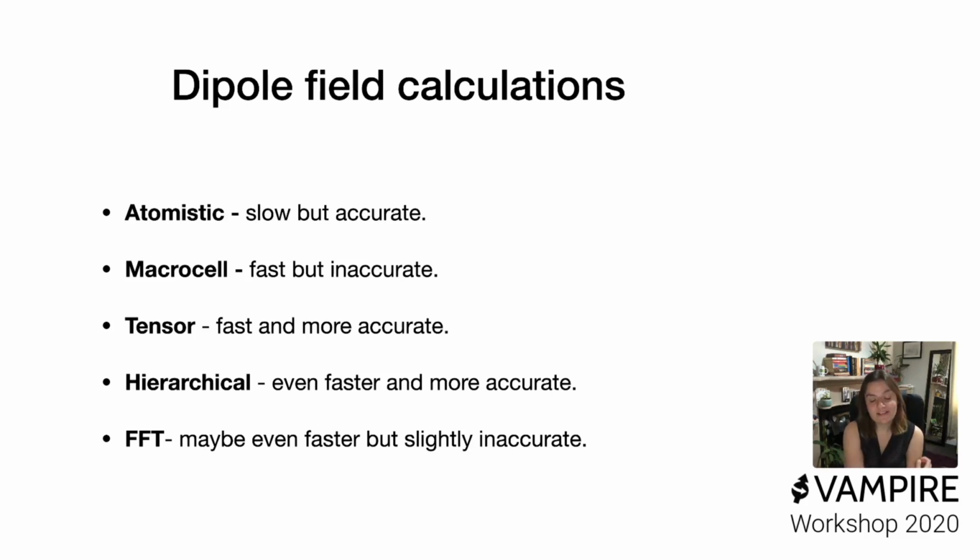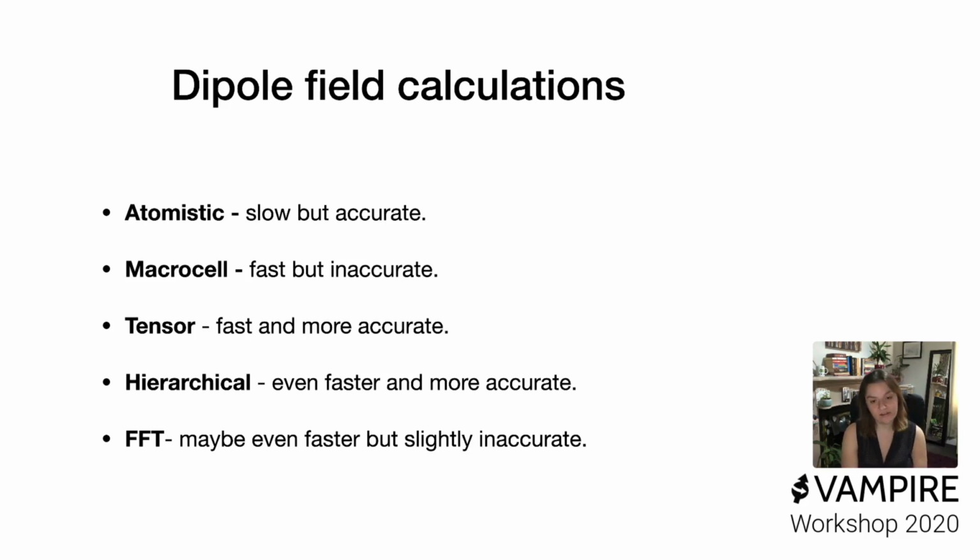The next is the macrocell approach, which is quite a lot like the micromagnetic approach. This is much faster, but a lot less accurate. The next is a tensor approach, which is faster than the atomistic approach, and more accurate than the macrocell approach. Those are the 3 that are currently implemented in Vampire.